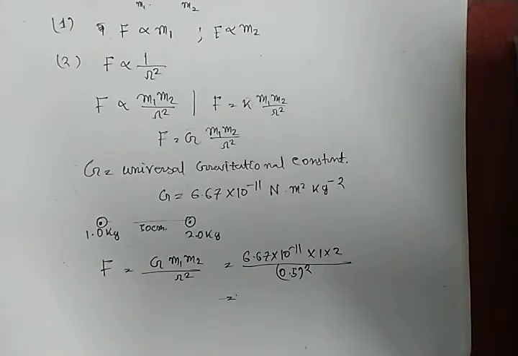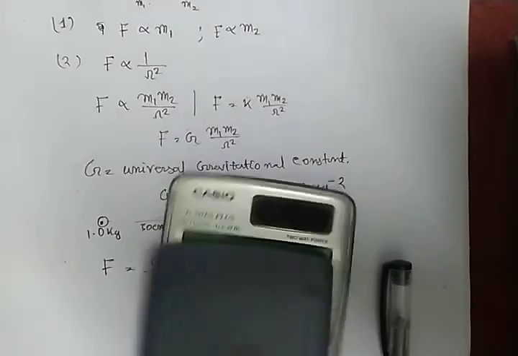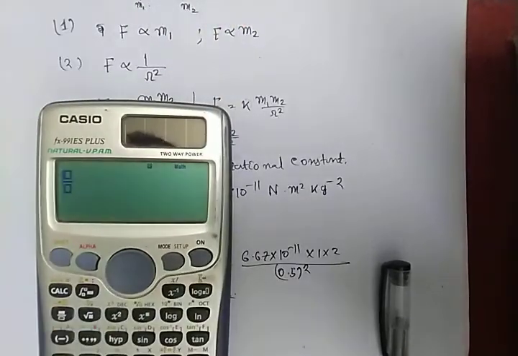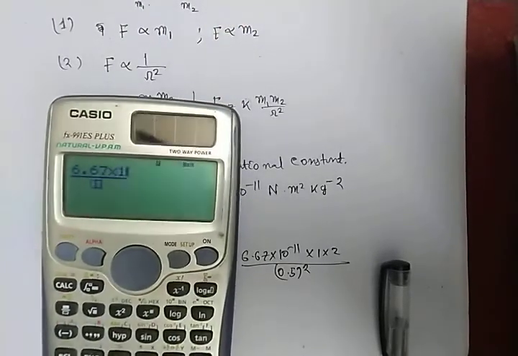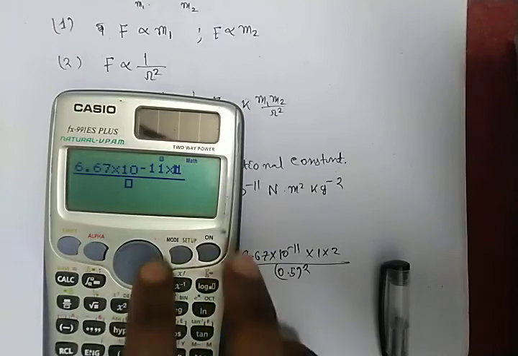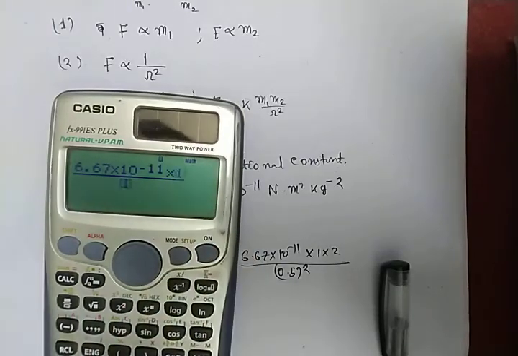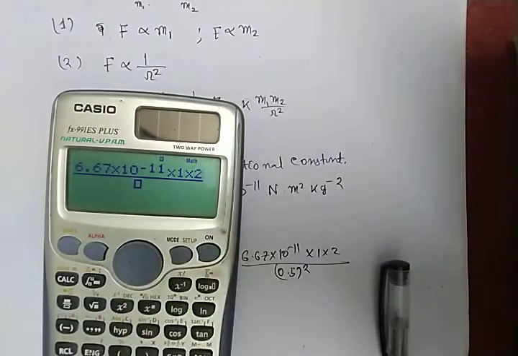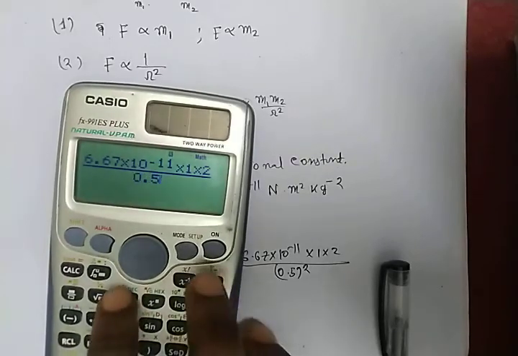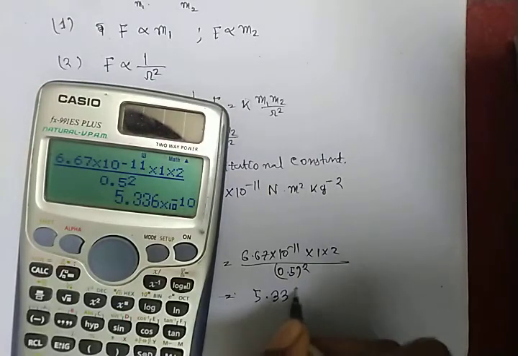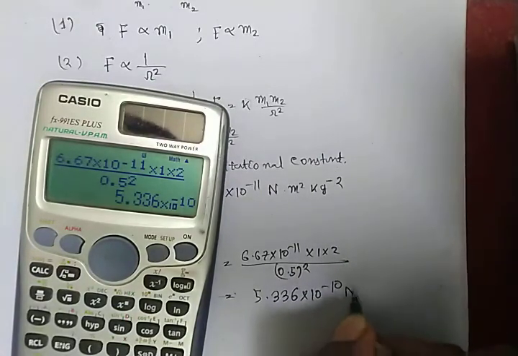I'll just use a calculator to evaluate this. So that gives us 5.336 times 10 to the power minus 10 Newton.